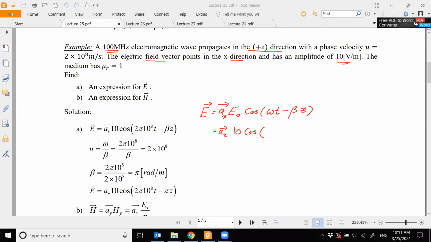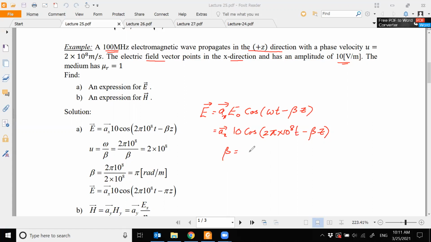The frequency is given to me, so I can find the angular frequency, which will be 2 pi times 100 mega, which is 10 to the power of 8 t minus beta z. Now we need to find the phase constant beta. There are so many expressions, but which one to use?